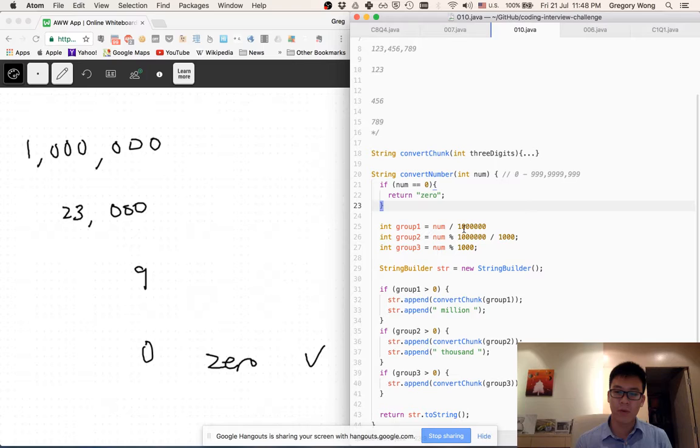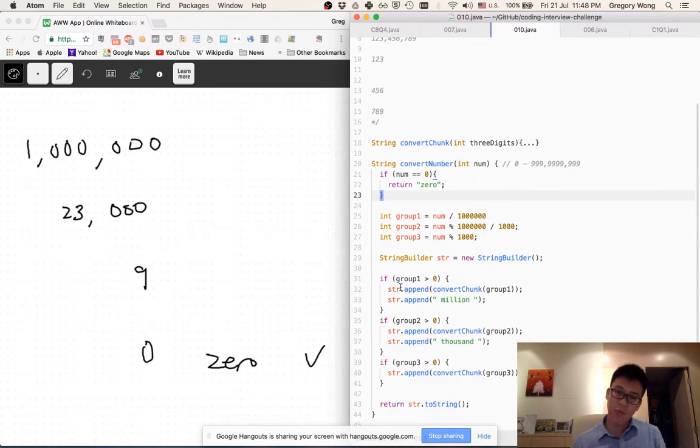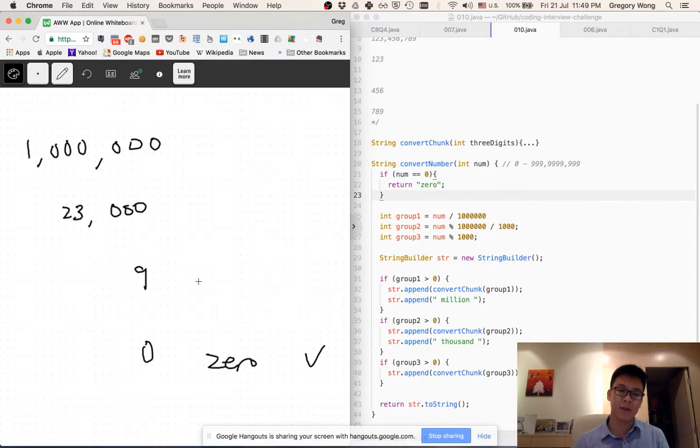Group 1 would be 0 and group 2 would be 0 as well. Group 3, however, if you mod by 1,000, is still 9. So here, group 1 is not greater than 0. Group 2 is not greater than 0, so these are skipped. So group 3 is greater than 0, so we would convert group 3 chunk into 9, right?